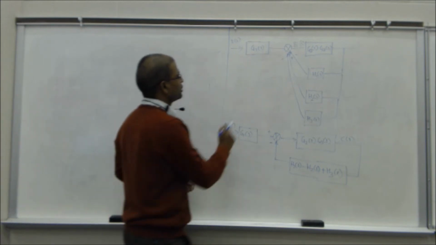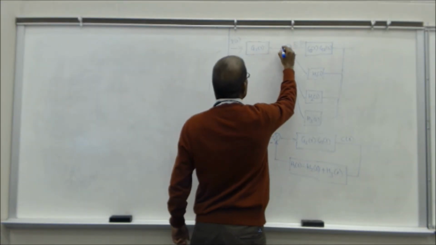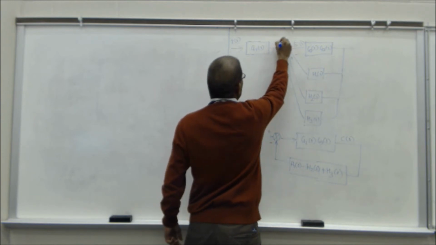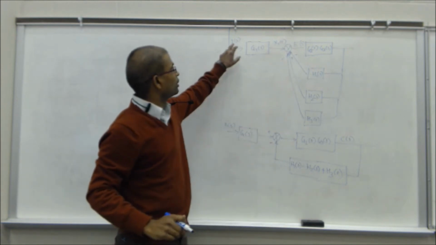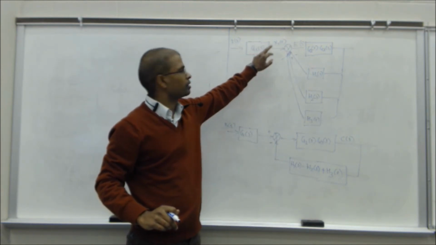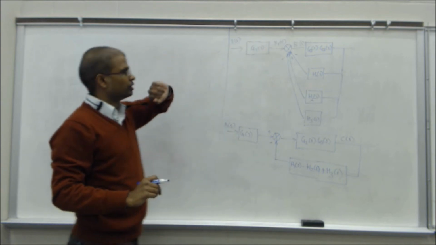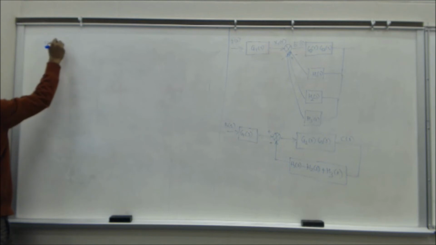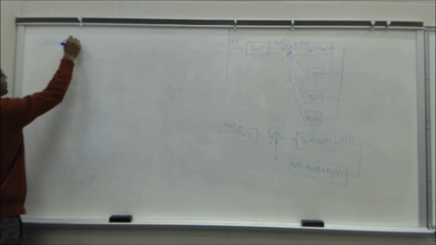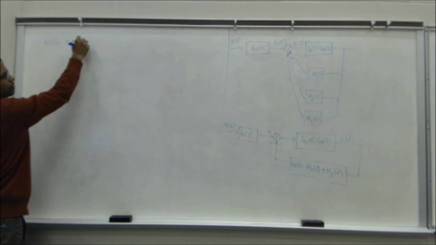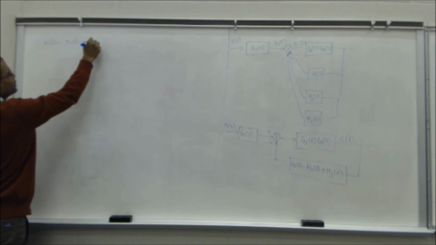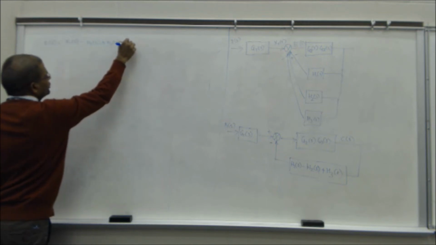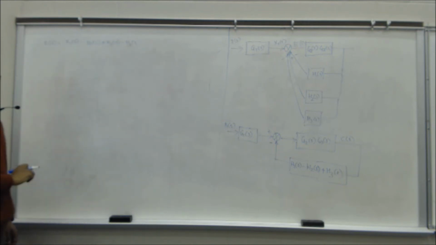I'm going to name the signal coming out of G1 of s as x1 of s. So what is E of s? E of s is x1 of s minus H1 of s plus H2 of s minus H3 of s, right? You agree, correct?